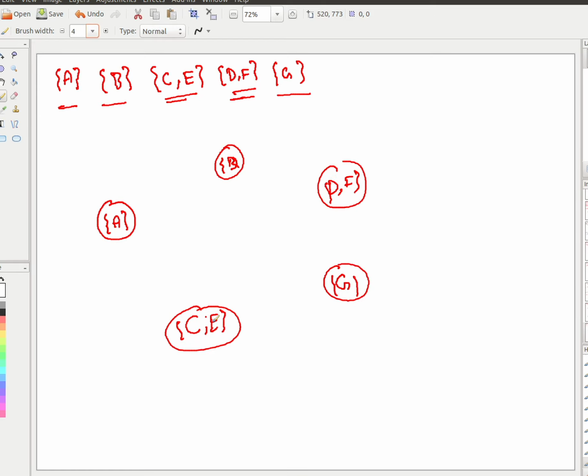So 5 states. Each block is representing a state. So we already got our Q for the minimized DFA, number of possible states. What is the next thing?